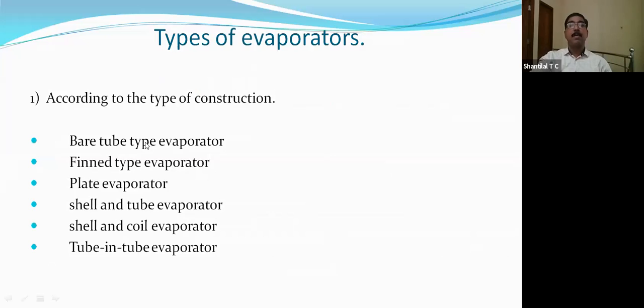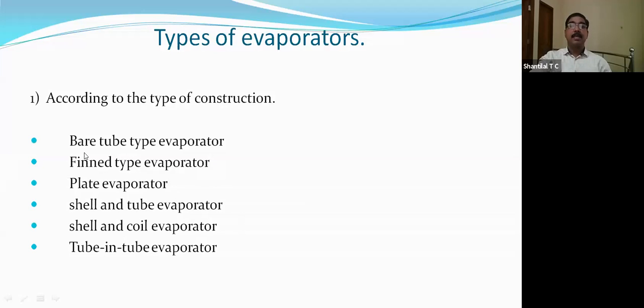Some common ones are explained here: bare tube type evaporator, finned type evaporator, plate type evaporator. Some other models will also be there, like plate and tube type. At that time, I will explain. Then shell and tube type evaporator, shell and coil type evaporator, tube in tube type evaporator.